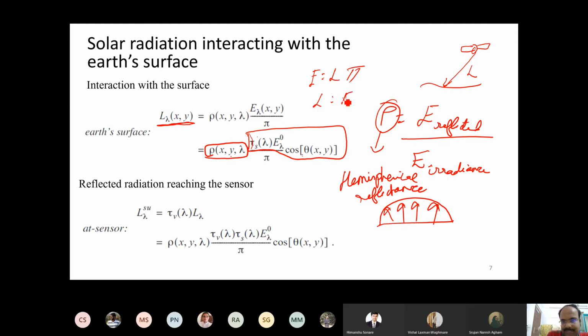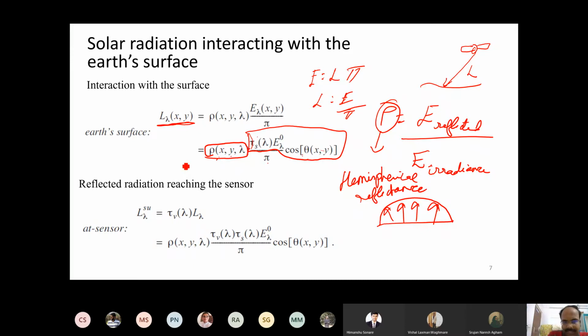So L is equal to E by pi. This term will give you the total irradiance received by the object of our interest. Multiply that with reflectance and divide by pi, and it will give you the radiance that is actually reflected by the object of interest. Everything is given here.